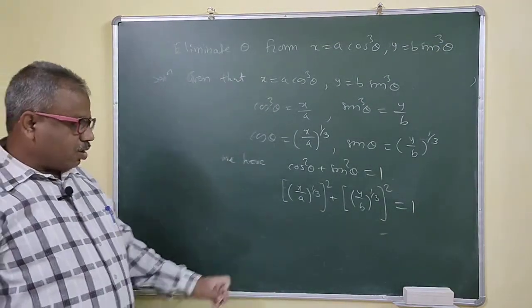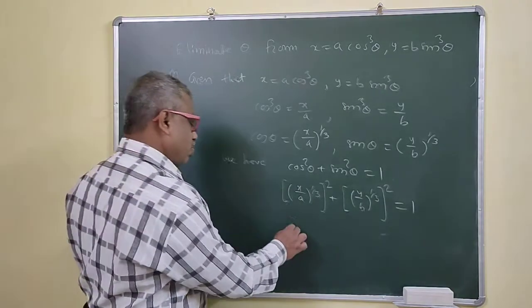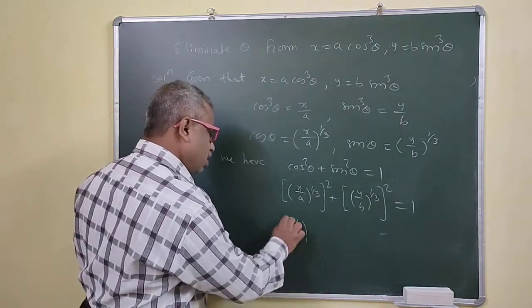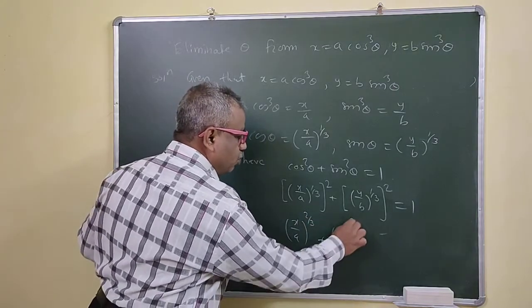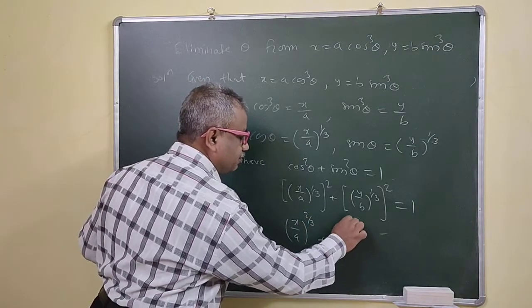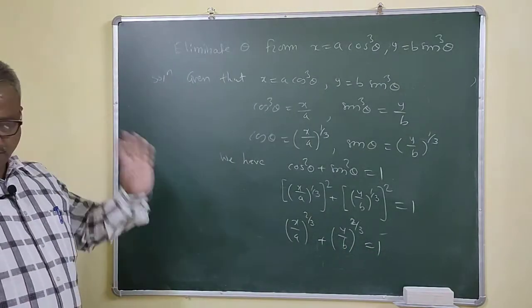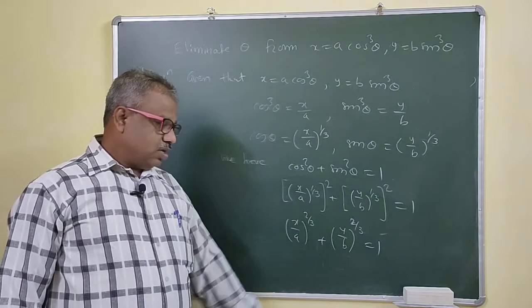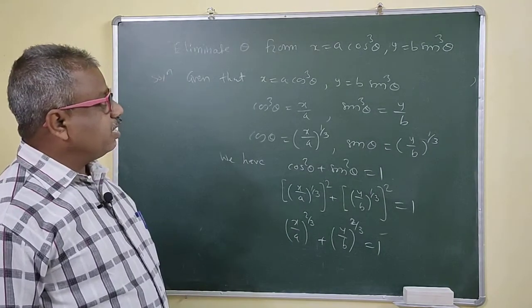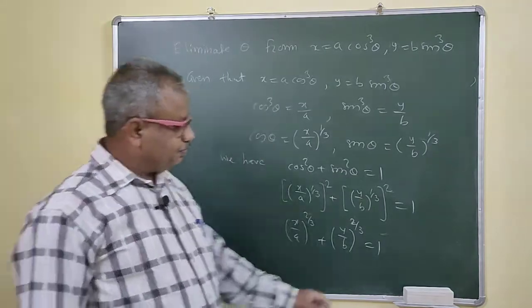And power of power is nothing but the multiplication of the powers. So no need for the square bracket now. (x upon a) to the power 2 by 3 plus (y upon b) to the power 2 by 3 is equal to 1. This is the required relation. So now see here, your theta is eliminated, and with the help of two relations you get a single relation.